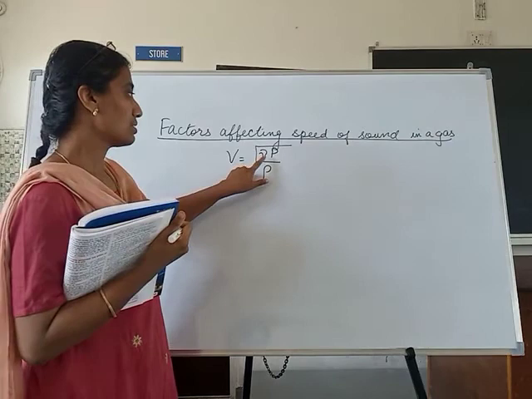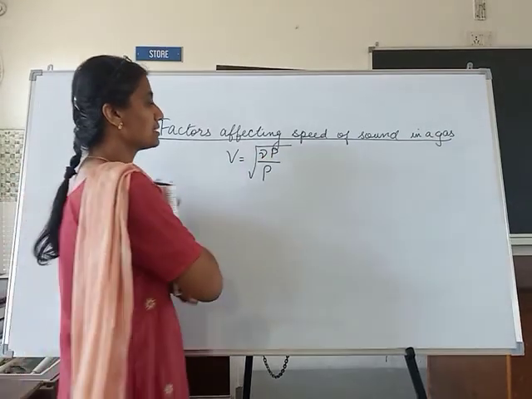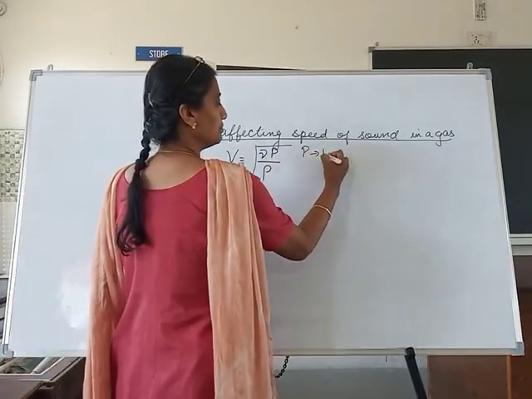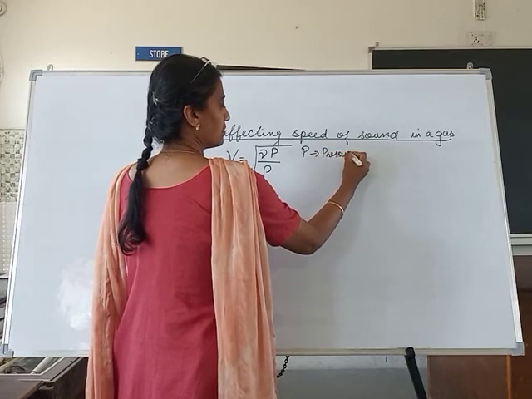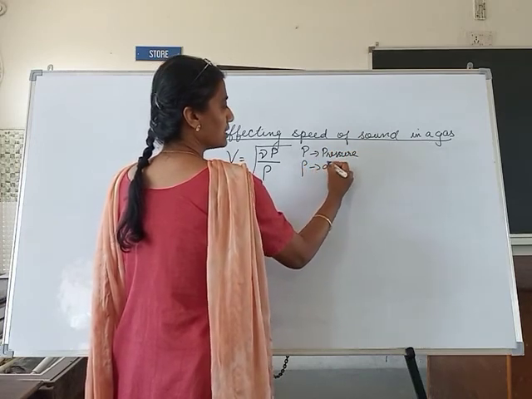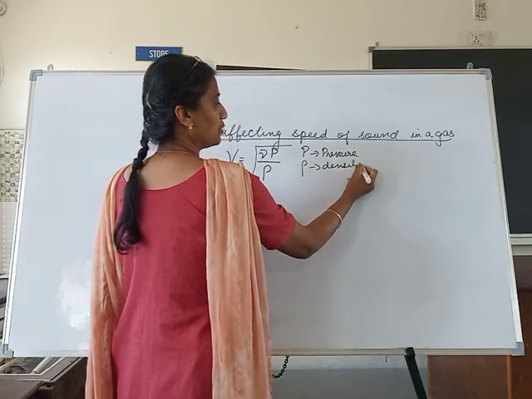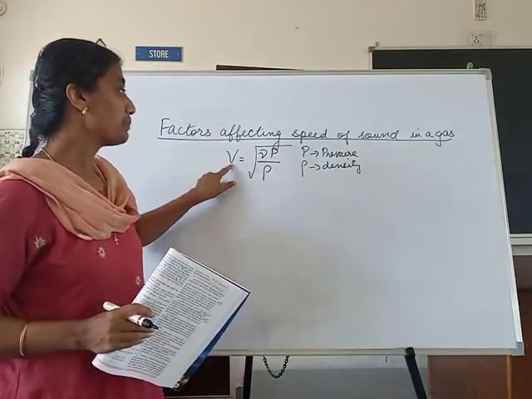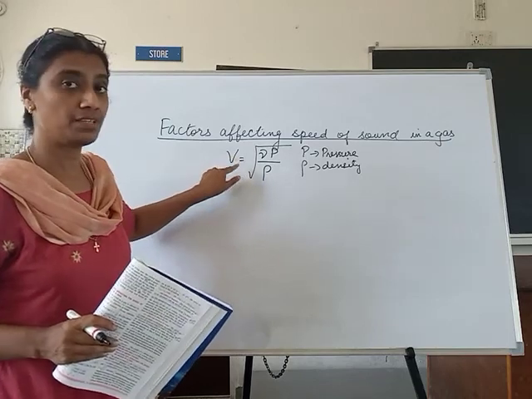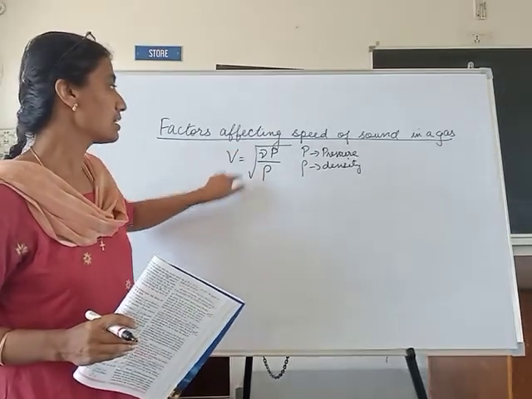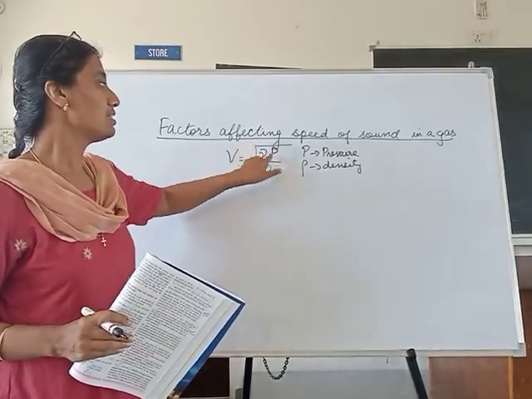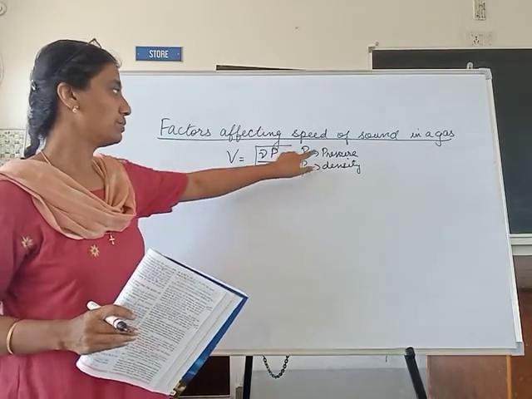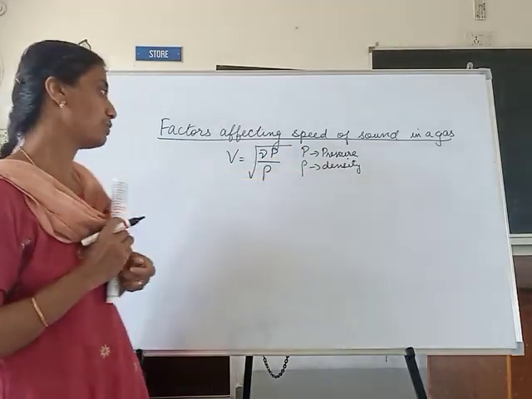Capital P stands for pressure and rho stands for density. The formula for speed of sound in a gas is square root of a constant into P divided by rho, that is pressure, and rho is density.